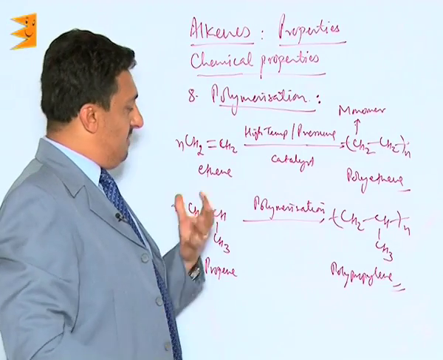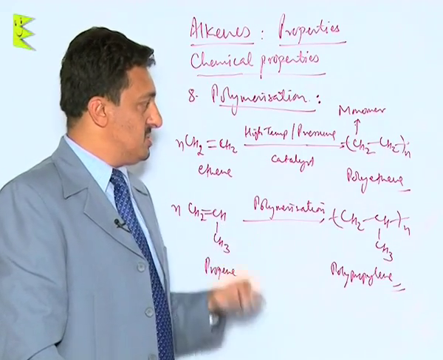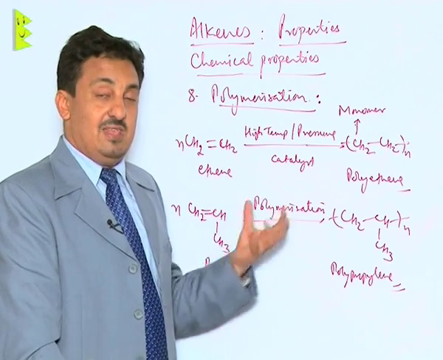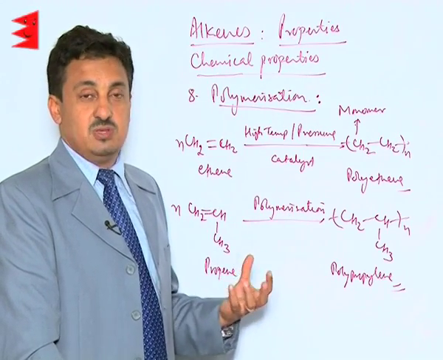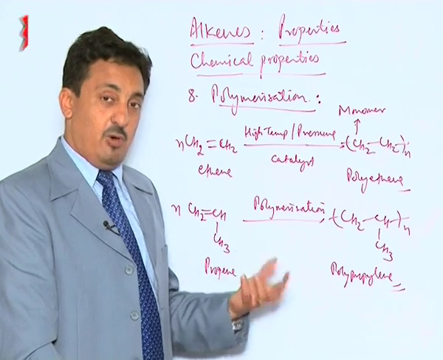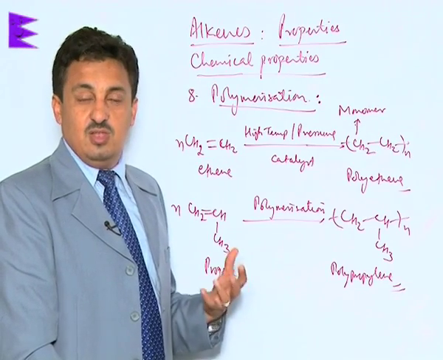So alkenes basically undergo polymerization under the extreme conditions, and they form long chain compounds which are called polymers, and which are very, very useful in our day-to-day life.